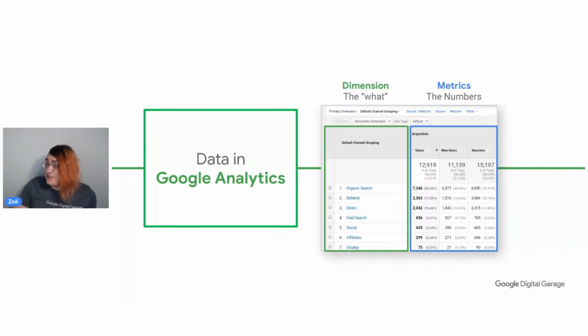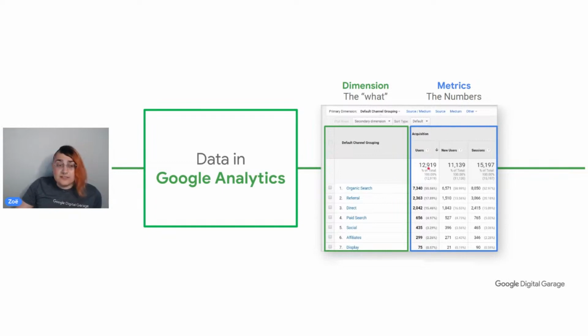And then the next thing it's showing you is the metrics, the numbers that go with those dimensions. So for organic search, for example, again, you might not be able to see this because it is a little bit small, but I'll read it out for you. Organic search is the first channel that we're looking at, and we can see here are the metrics associated with that channel. So we've got users, first of all.